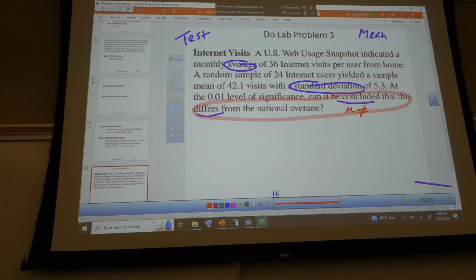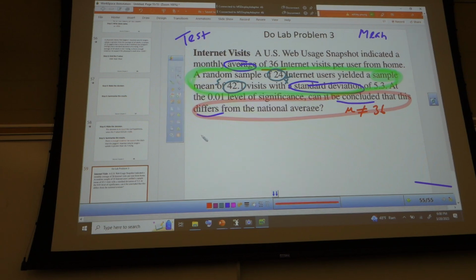32. Yep. Indicated a monthly average of 36. The rest of this is the sample. So this part here, random sample of, this is all my sample. Does everyone see that? It has the word sample in there. So that means that this is my X bar, and this is my S. So I'm just going to write out all the pieces I've got.